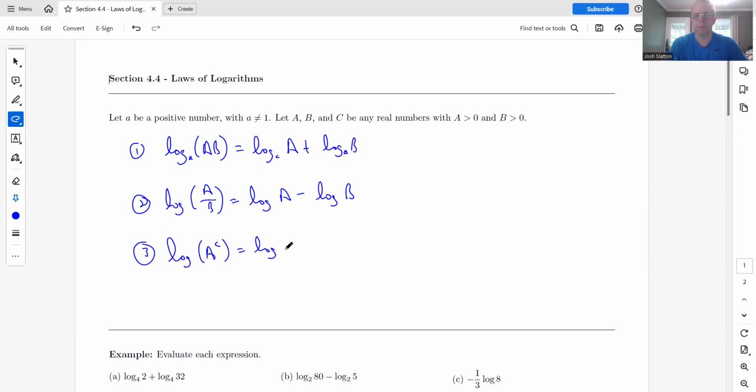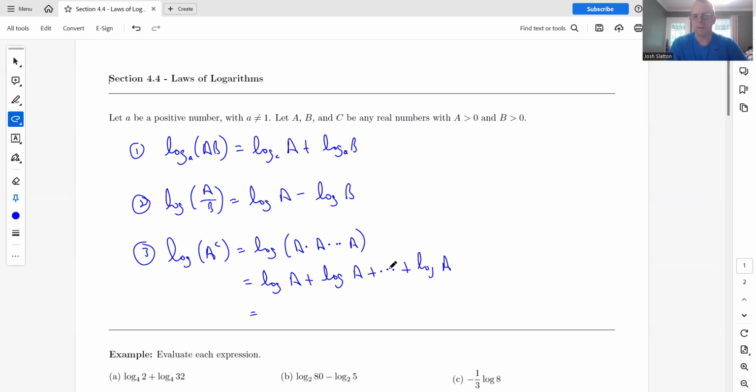And actually, we'll write this one out. So A times A dot dot dot times A, so that would be C terms. Split those up using property 1 here. If we had A, B, C, we could do log of A plus log of B plus log of C. So you can do this one as many times as you have terms.